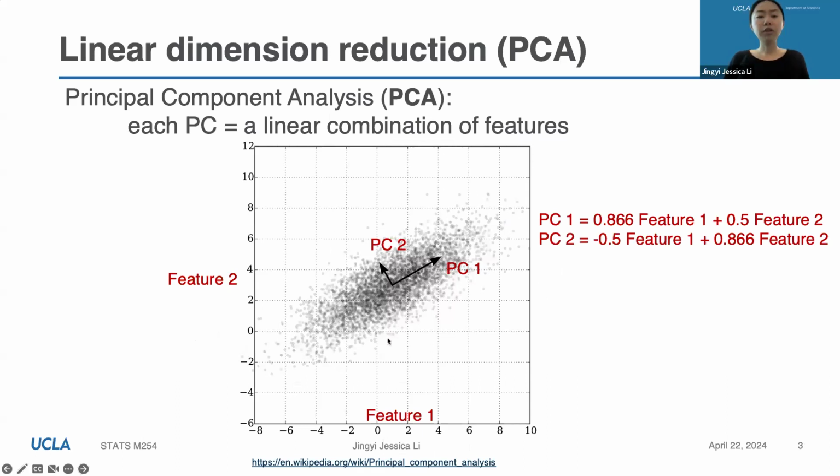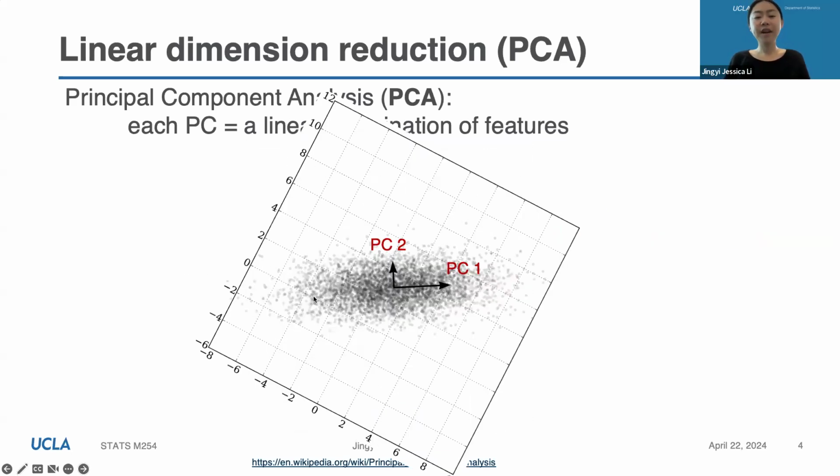Of these original two features we get a 2x2 covariance matrix, and 0.866, 0.5 is eigenvector 1, negative 0.5, 0.866 is eigenvector 2. And then the eigenvalue, I would say not the length of the two vectors, but basically you project the data to the two new dimensions, then the variance of PC1 is eigenvalue 1, and the variance of PC2 is eigenvalue 2.